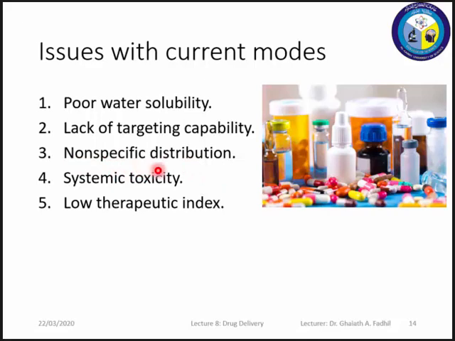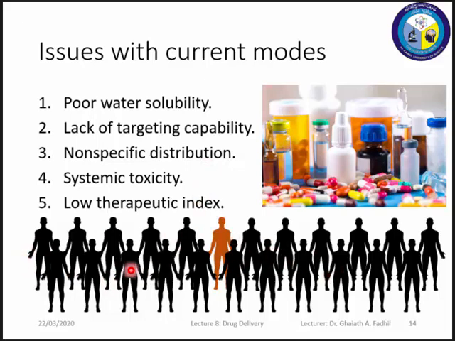It goes to all the parts, as I said. And I like to use this example to provide an image that shows how wrong this process is. It's like we have 20 or more people, and one of them is ill, and the way we do it now with the current drug delivery, the way we take pills and injections, is like giving the medication to the whole 20 or 30 people, and we only need to give it to one.